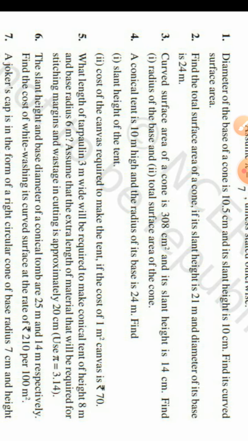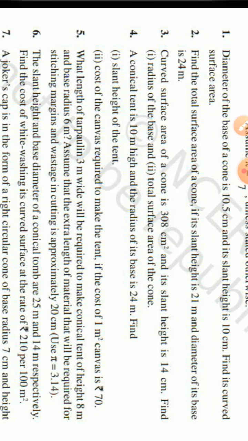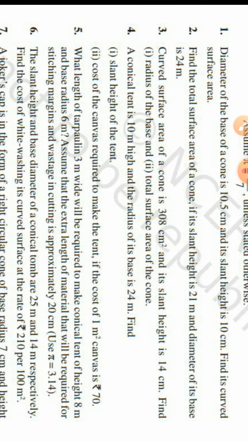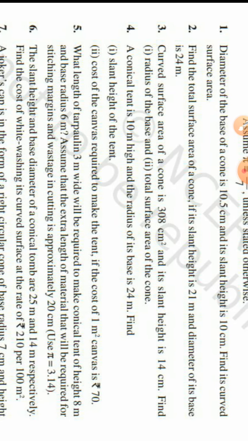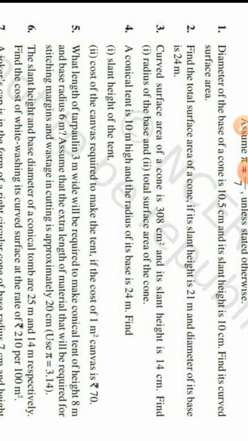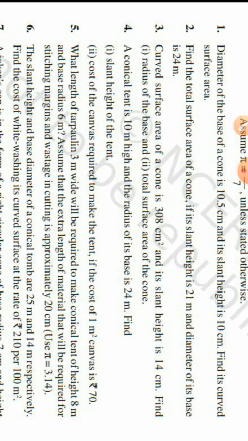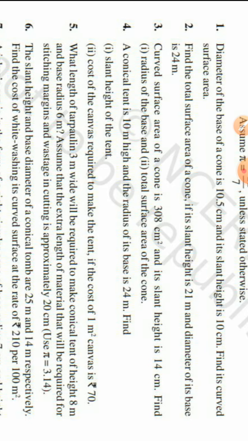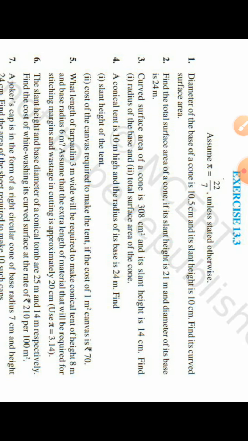The curved surface area of a cone is 308 centimeter square. Here CSA is given, slant height is given. Find the radius of the base and the total surface area of the cone. First of all, you have to start from whatever is given. Whenever they give us a meaningful value, we have to start from the given value, then we can find what is asked.